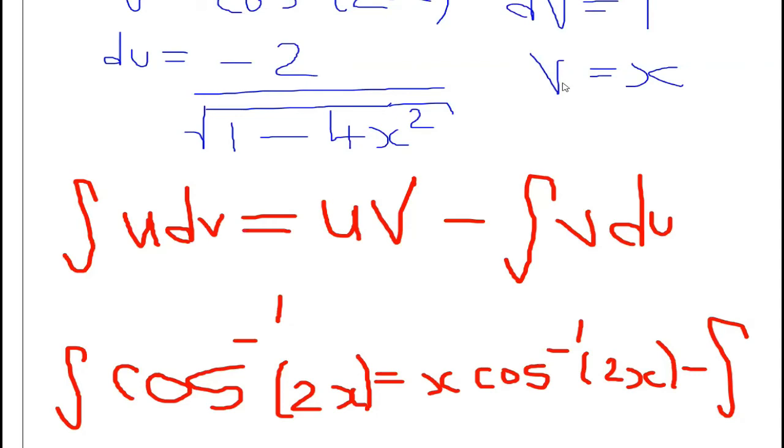So what we're integrating is 2x over the square root of 1 minus 4x squared.